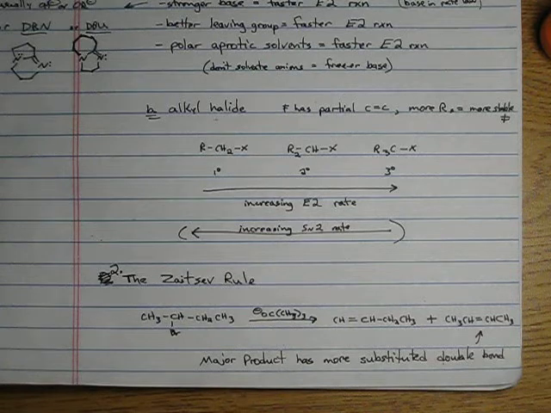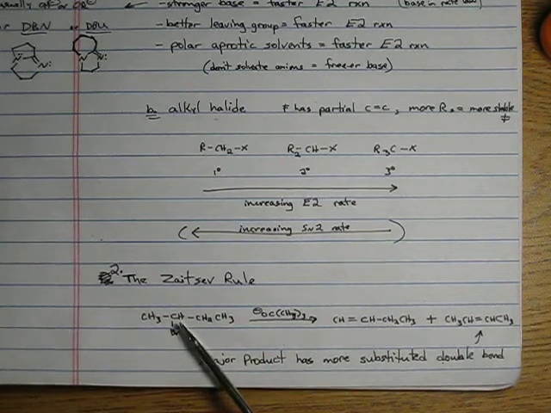So what happens if you can get multiple products when you do your elimination? Let's look at this reaction. We have 2-bromobutane here, and here's our alpha carbon. It's got the bromine on it.